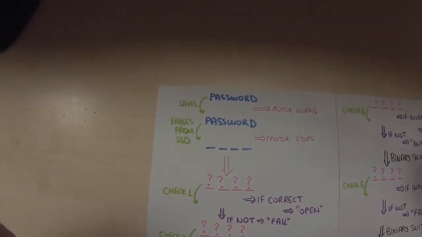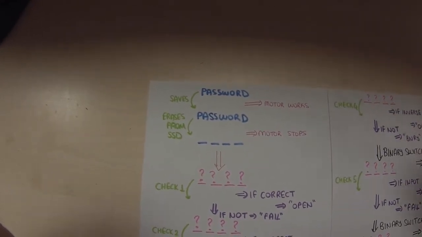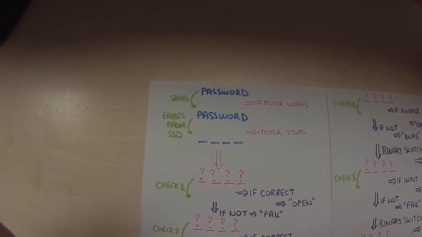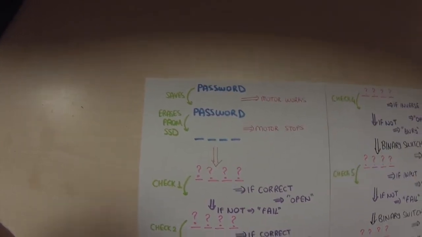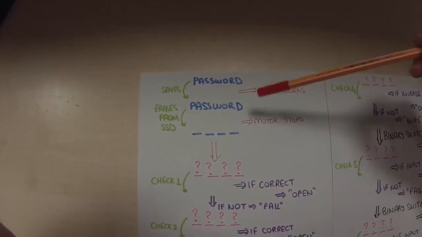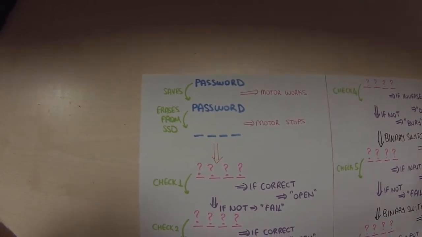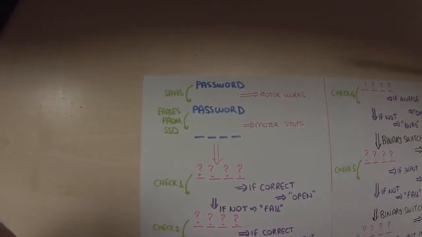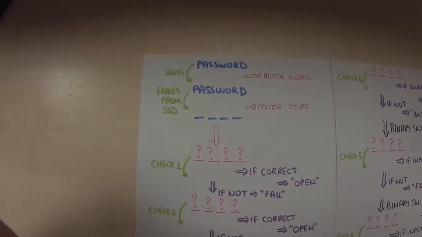It works because it wants to say that yes, you saved your password, but you didn't erase it from the 7-segment display, so anyone else can see what your password is. So when you open another switch, your password is erased from the 7-segment display and the motor stops. So you can start the password trying process.